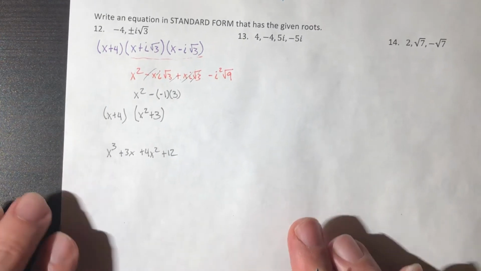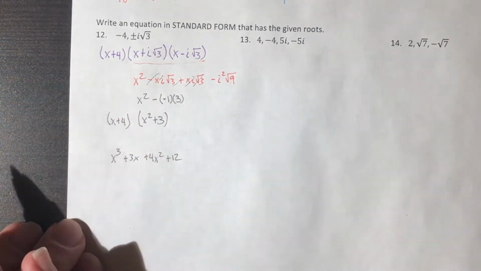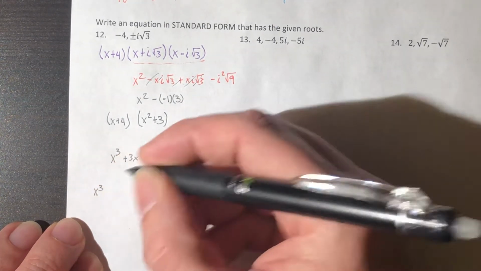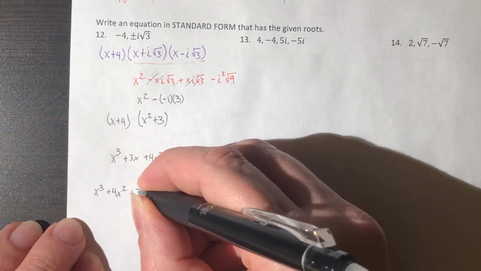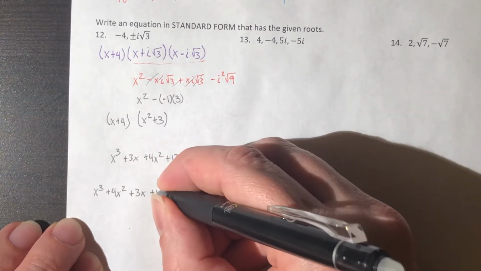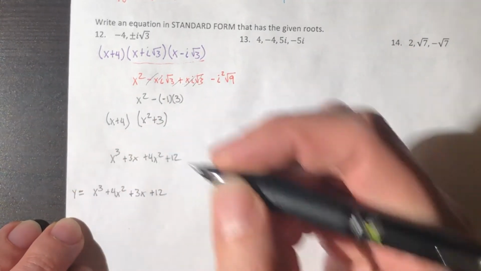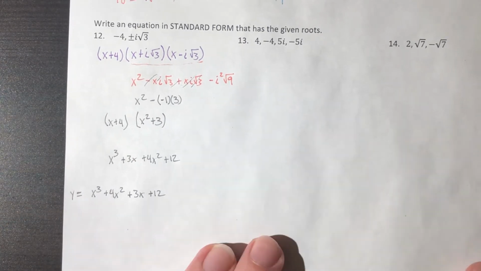Now all you need to do is rearrange so that you have it in standard form where your exponents are descending. So I have x cubed plus 4x squared plus 3x plus 12. So that is that equation.